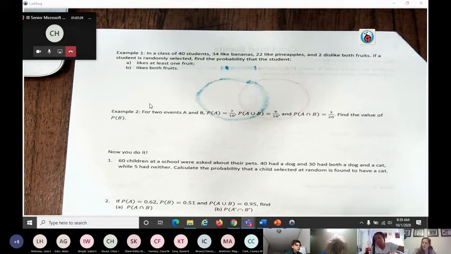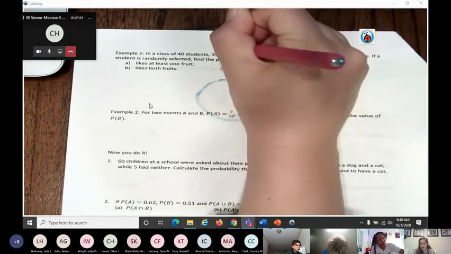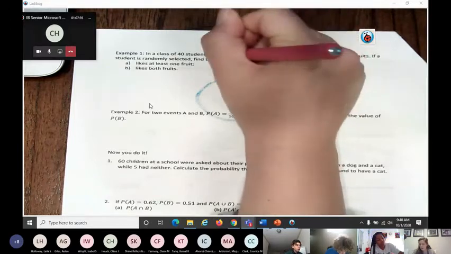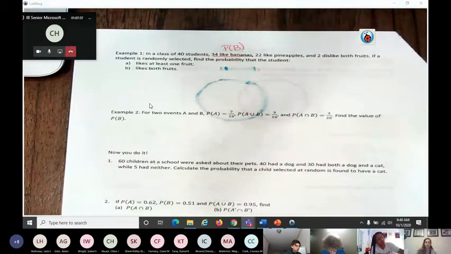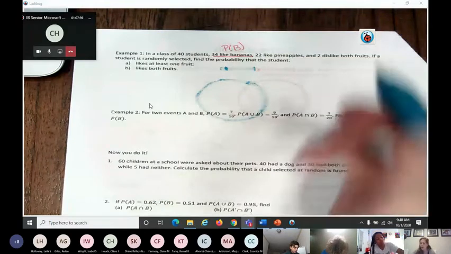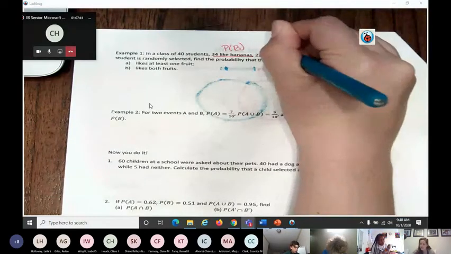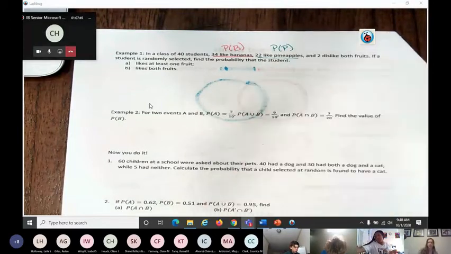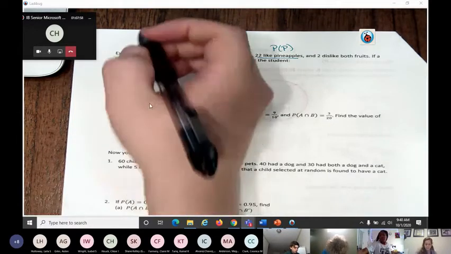I'm going to call my bananas P of B, and underline them in pink. Probability of liking pineapple, I'm going to call P of P. And 2 dislike both fruits. If a student is randomly selected, find the probability that the student A likes at least one fruit or B likes both fruits. Okay, so I'm going to draw a quick Venn diagram.